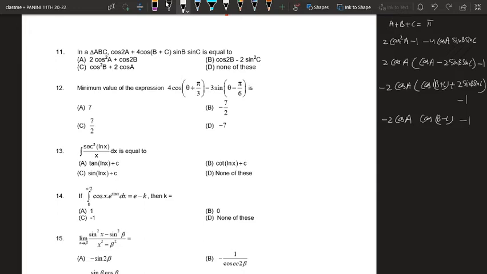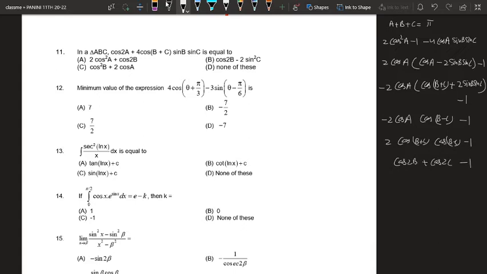Now cos a again, if we write pi minus b plus c, 2 cos b plus c cos b minus c minus 1, that is cos 2b plus cos 2c minus 1.